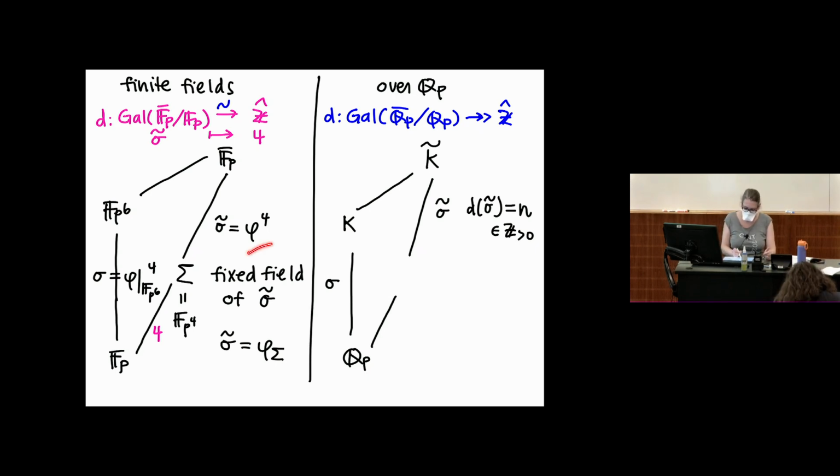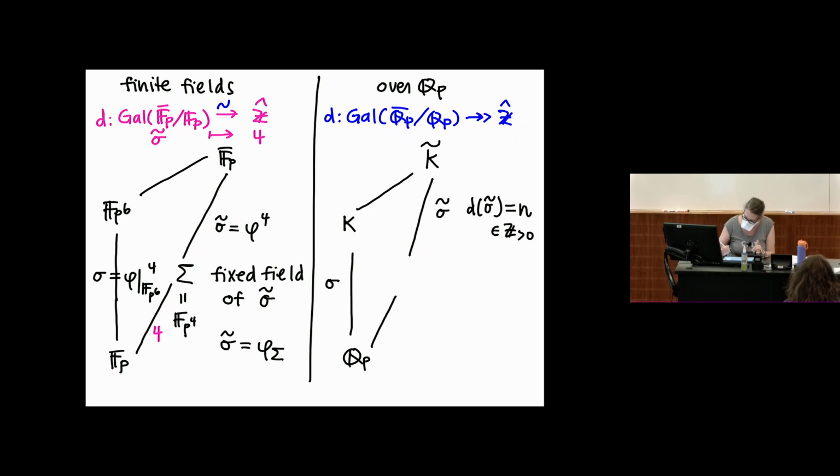Because in this large extension, there are elements that are not an integer power of Frobenius. In the first lecture, I gave a way, with some a_n's, to get compatible powers. So this is a big deal, that you can get it to be an integer power and not a Z-hat power.